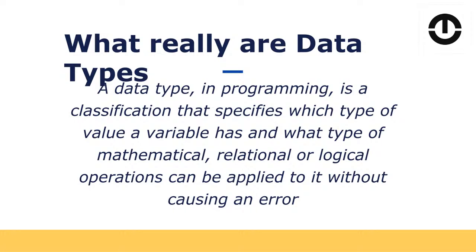In programming, a data type is simply a classification that specifies the character of the value that a variable will hold. The character of that value will determine the types of actions that can be performed on it, meaning mathematical, relational, or logical operations. So the character of the content of a variable is what we call the data type.